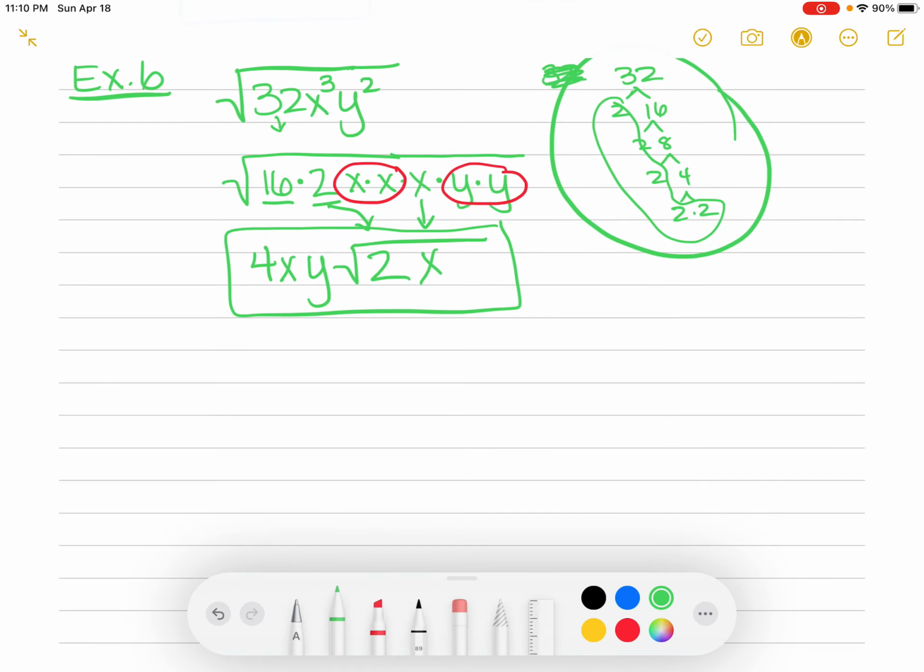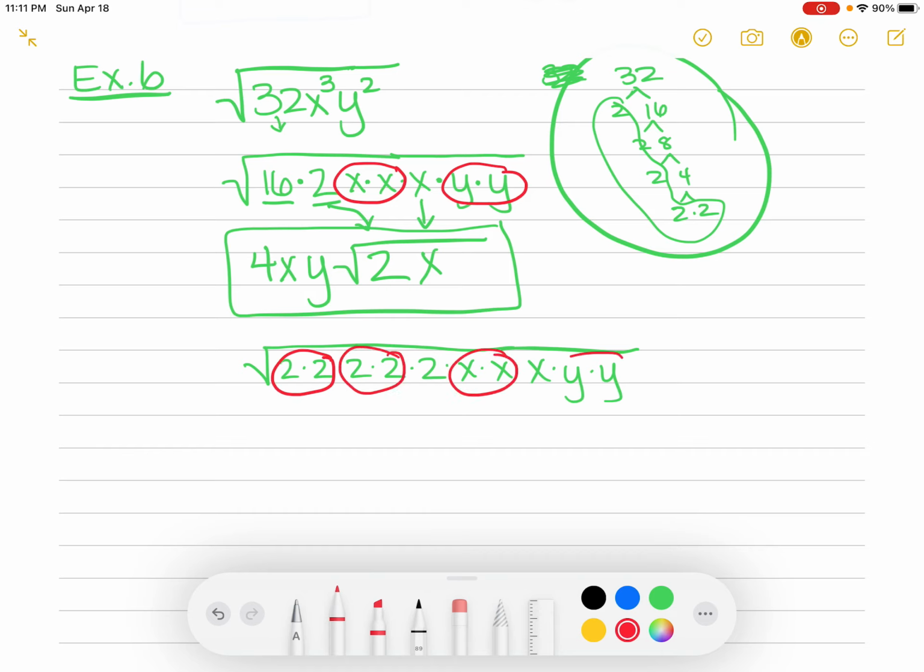Now, if I were to do it this way, let me show you how that would have looked. I'm still going to get the same answer no matter which way I do it. That's the nice thing about math, you're always going to get the same answer. So if I have 5 2's, and then I have the 3 x's and the 2 y's, I'm going to go through and circle 2's of everything. So there's 2 2's, another 2 x's, and 2 y's.